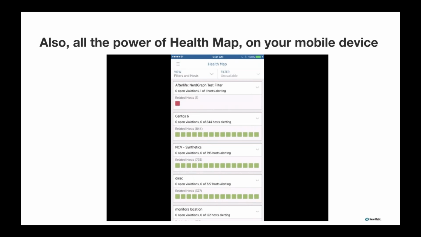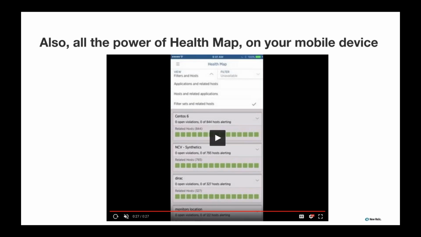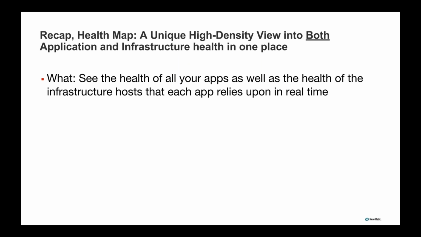So you get this richness on your mobile device to take around with you as you're on the move, and we've optimized it for that device profile and the use cases of why you would be looking at this on that device, where you would be, and what kind of situations you would be in. So super exciting to check that out in the New Relic mobile application.